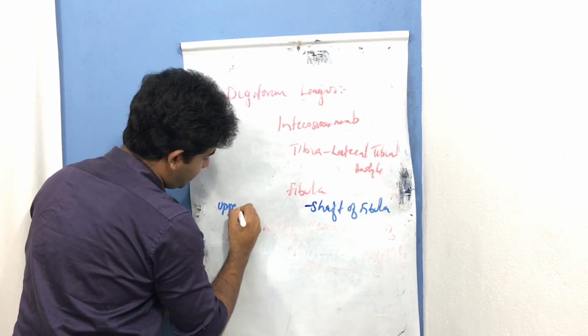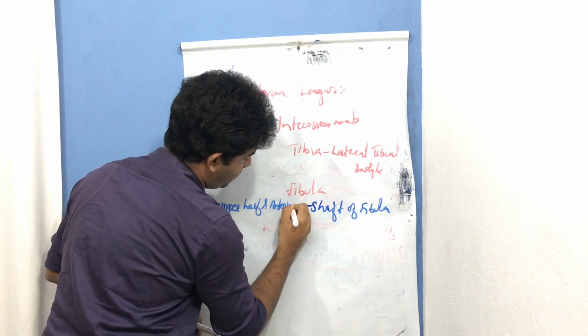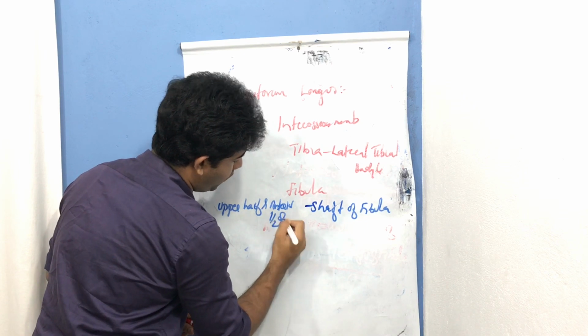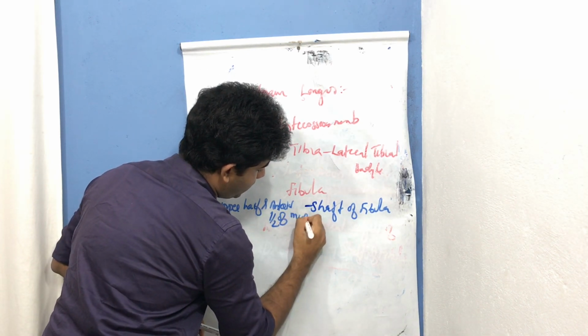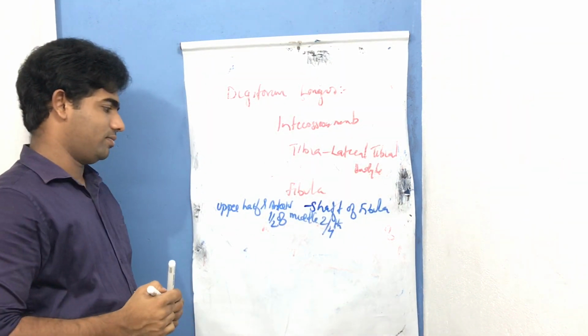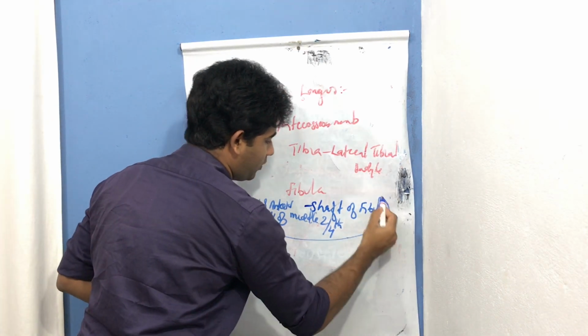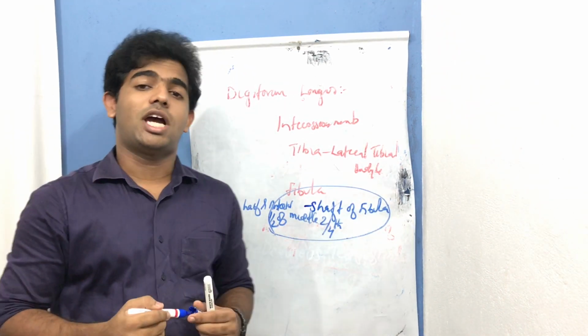Upper half and anterior half of the middle 2/3 of the shaft of the fibula, middle 2/4 of the shaft of the fibula.